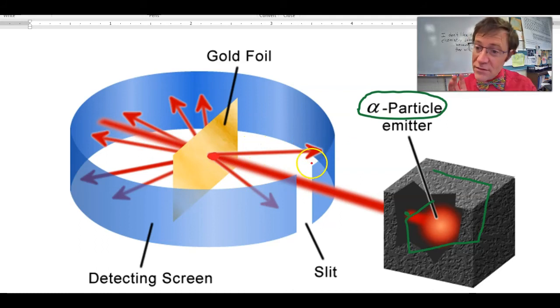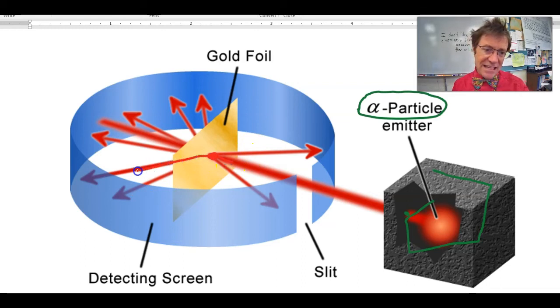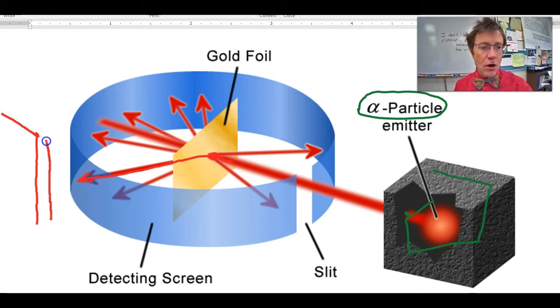And what's even more baffling is that some didn't necessarily ricochet sideways, but instead took an asymptotal sort of trajectory. As the radiation came in like this, instead of colliding and ricocheting off directly, it came in and had this arcing curve like that.